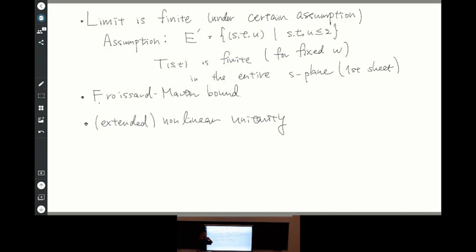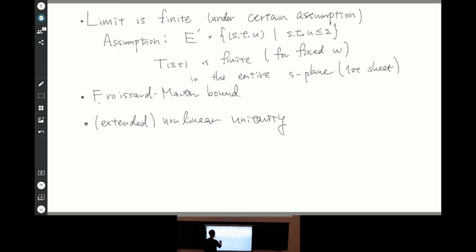This is relevant when there are particles lighter than the external mass, and in that case people studying amplitudes in the old days conjectured that there is an extended unitarity region, and then they could also prove it.